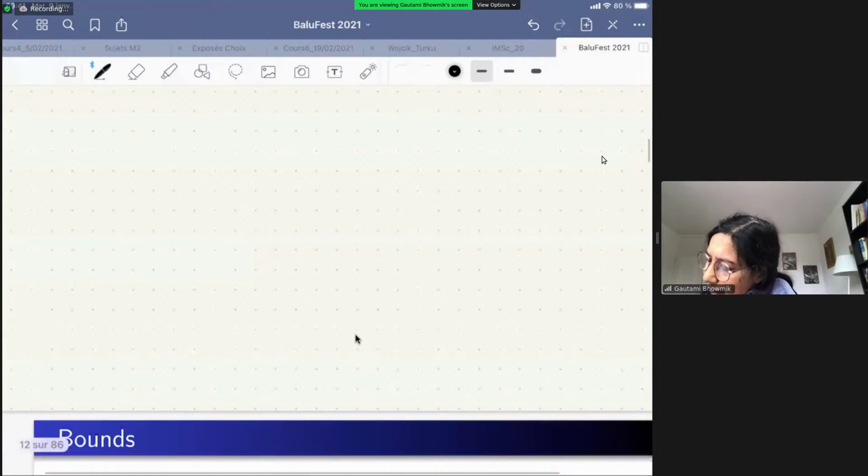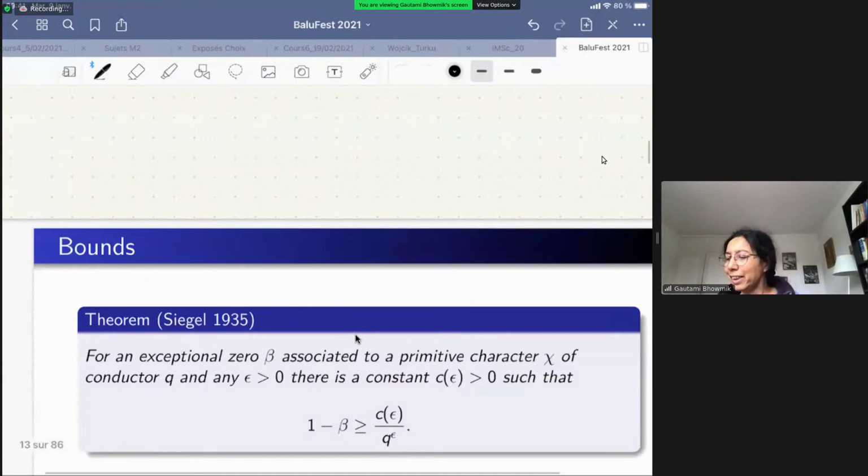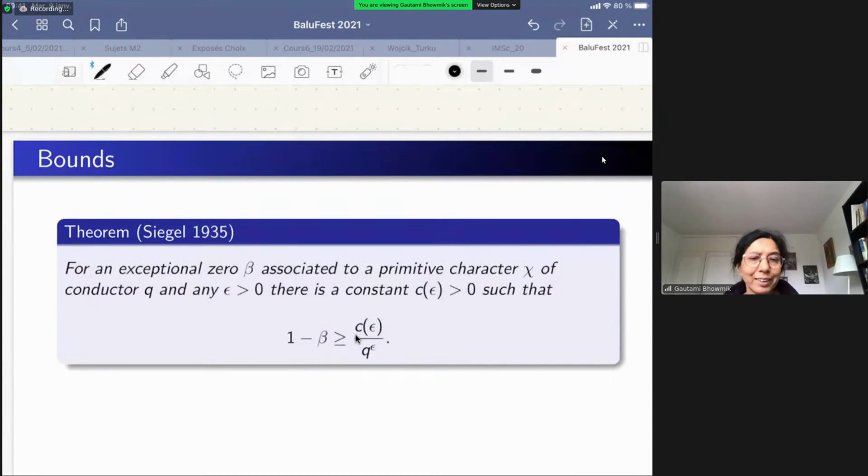Now here's a result everybody knows. This is Siegel's 1935 result. It says that if there is an exceptional zero beta associated to a primitive character chi of conductor Q, and if you choose your epsilon positive, then you can find a C epsilon, which is positive, such that 1 minus beta is greater than C epsilon upon Q to the power epsilon.